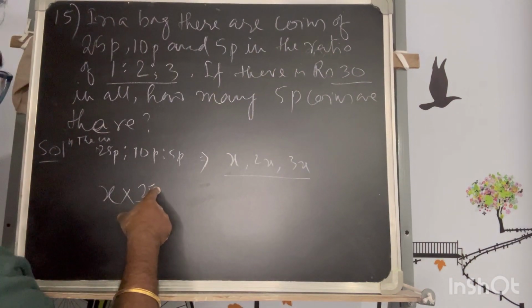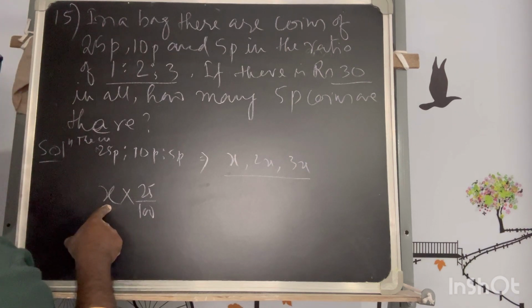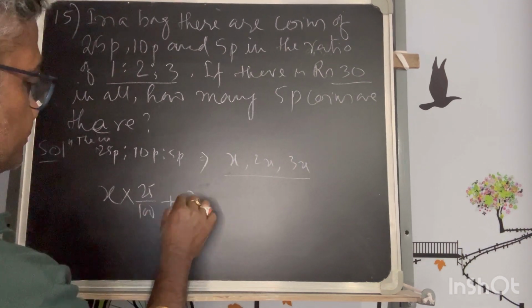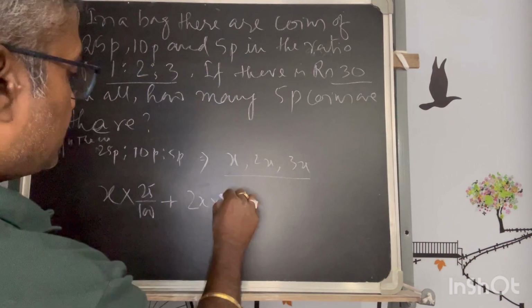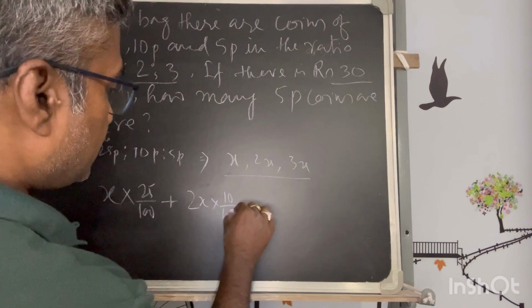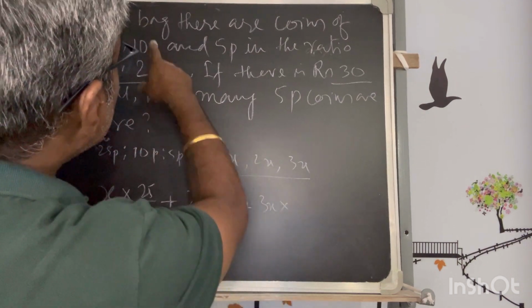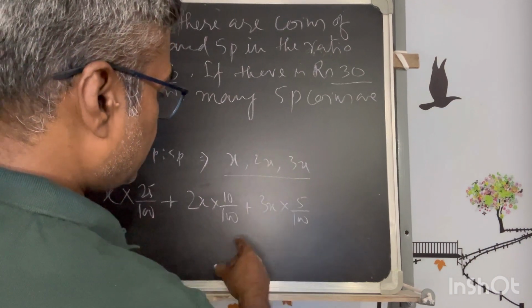So 25 paisa you convert by 100, it will be rupees into the number of 25 paisa. This is the total valuation. Then 2x into 10 paisa, so 10 by 100 is the valuation in rupees, and 3x into 5 paisa, 5 by 100, that is the valuation in rupees.